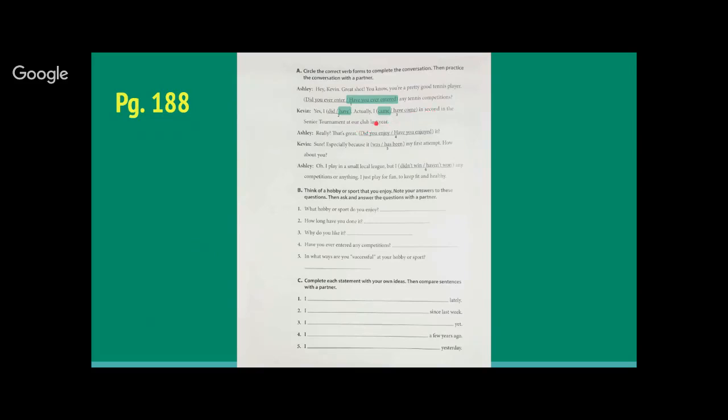So in this one, we have the hint here. It says last year, so it's not an exact date, but it happened at a time. He mentions the time, and he says I came in second in the senior tournament. So there's only one tournament here, so we have two hints to look at. So the one tournament and the time.